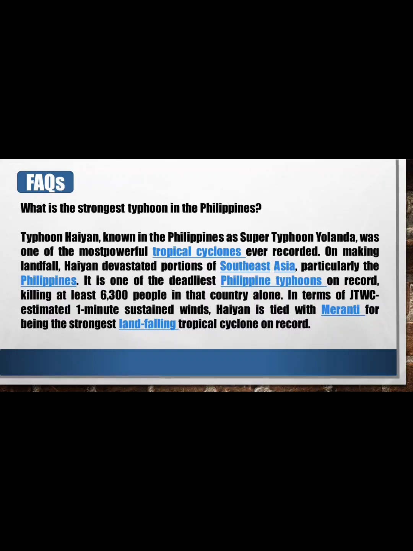It is one of the deadliest Philippine typhoons on record, killing at least 6,300 people in that country alone. In terms of JTWC estimated 1 minute sustained winds, yung Yolanda is tied with Meranti for being the strongest landfalling tropical cyclone on record.